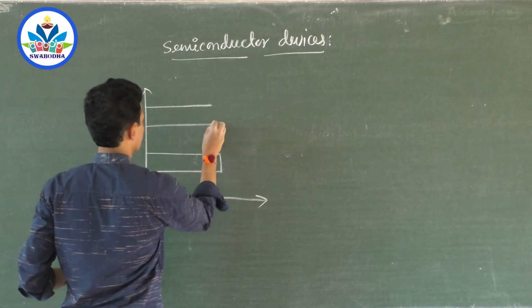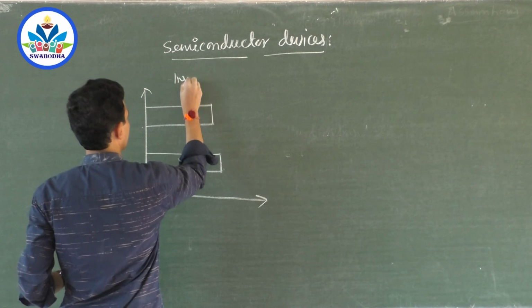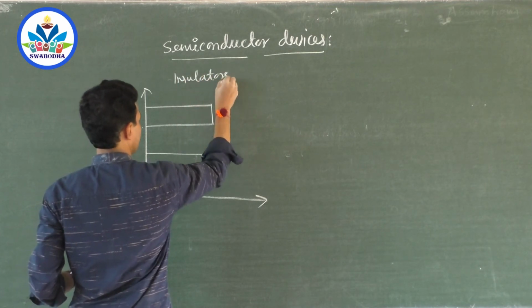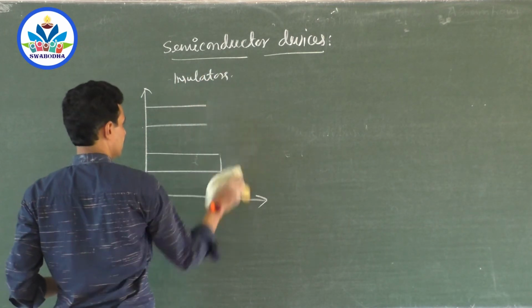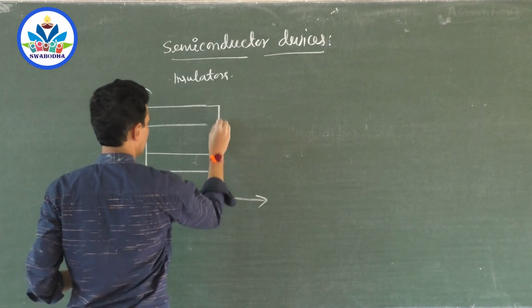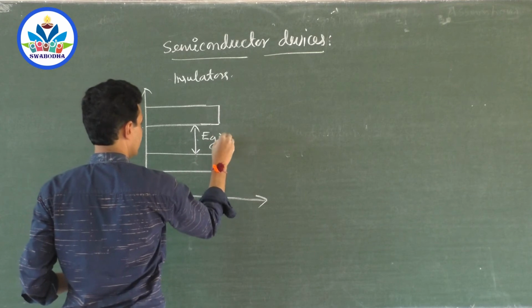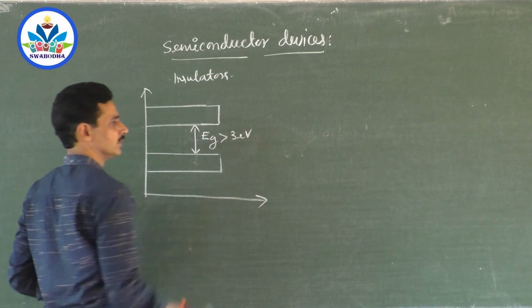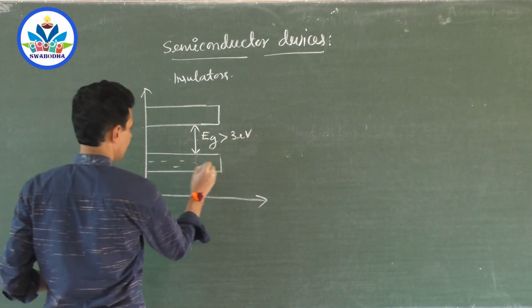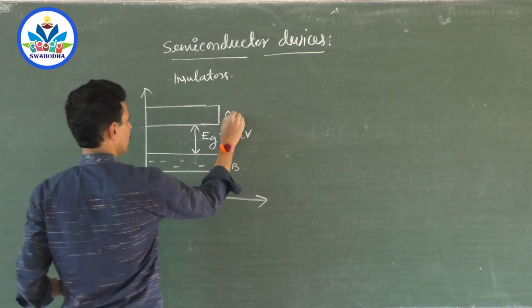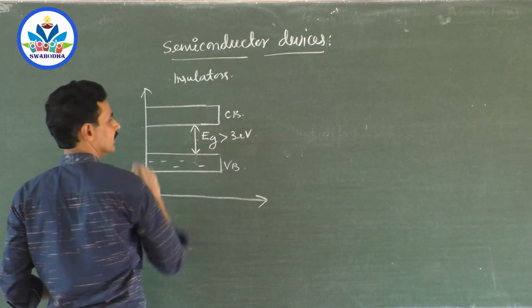In insulators like plastic, glass, etc., the energy gap is very, very high. It is more than 3 electron volts. So this energy gap is greater than 3 electron volt. There are electrons in the valence band, there are no electrons in the conduction band.